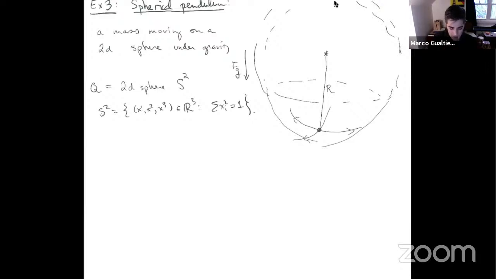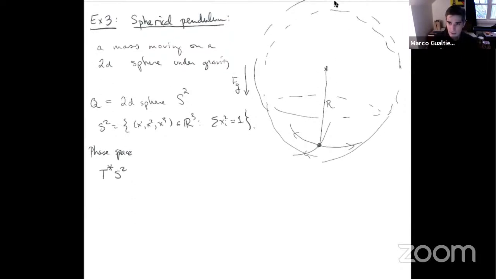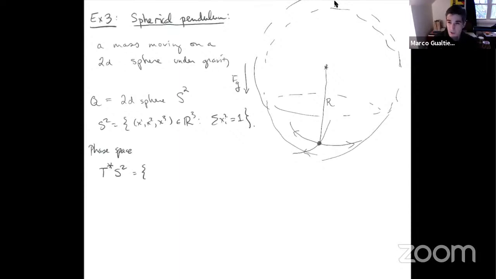And then the phase space is the cotangent bundle of S2. If I just describe it, in this case it's kind of easy to describe.